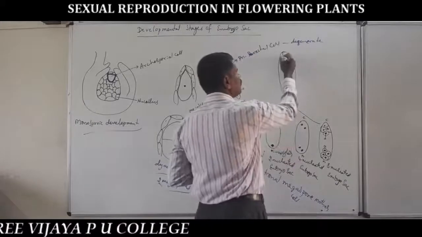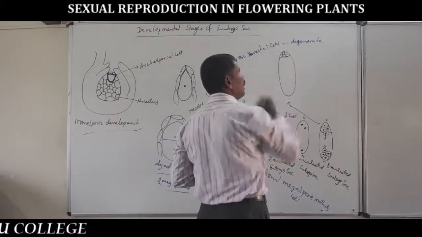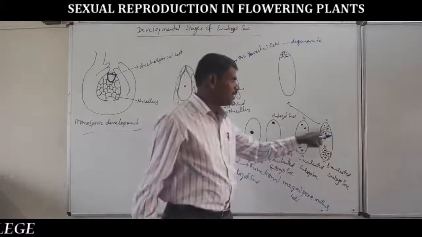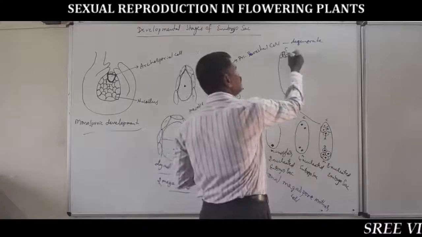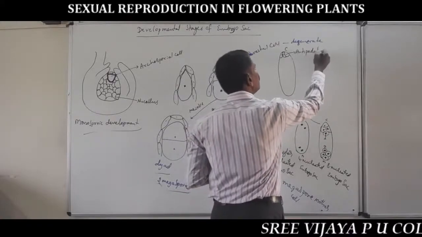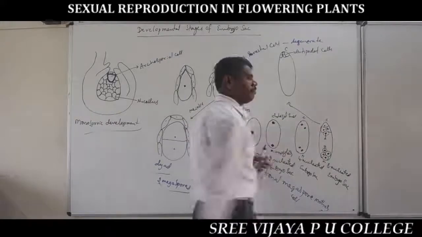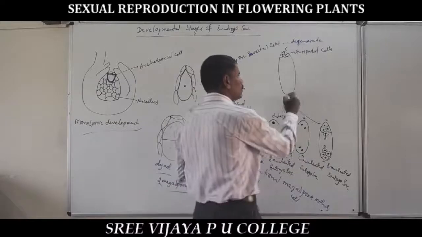Here the 3 cells present towards the chalazal end are the antipodals, or antipodal cells.